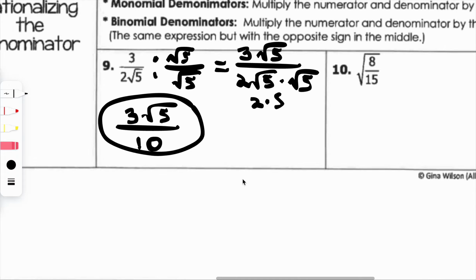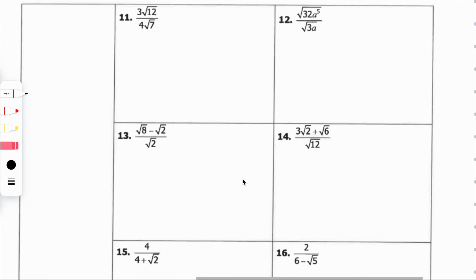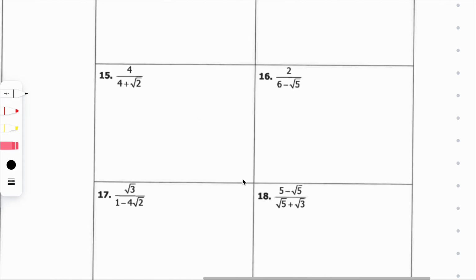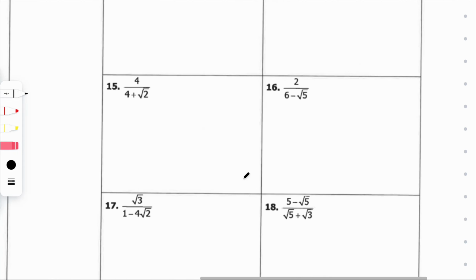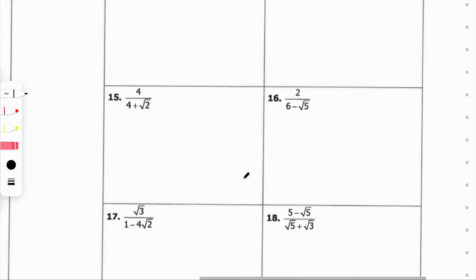And then let's do something with a binomial denominator. Let's do 15. So in this case, our denominator is 4 plus root 2. So what we want to do is multiply the numerator and denominator by the conjugate.